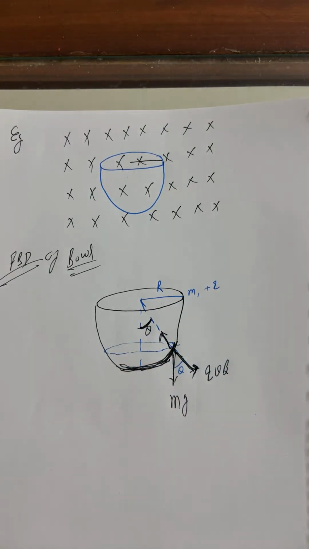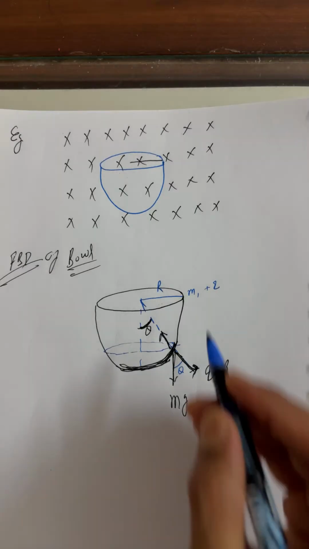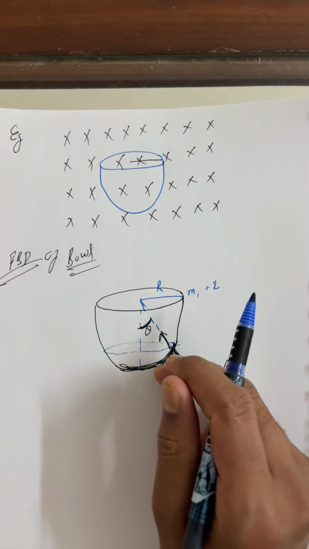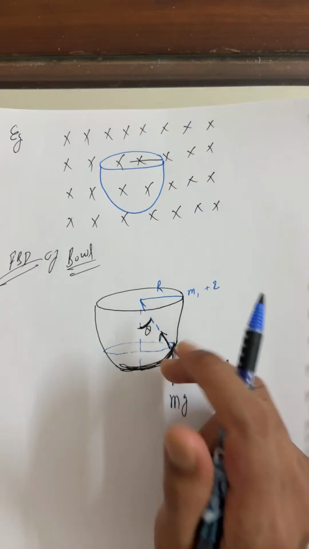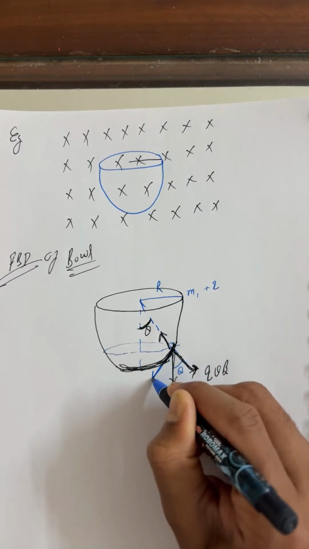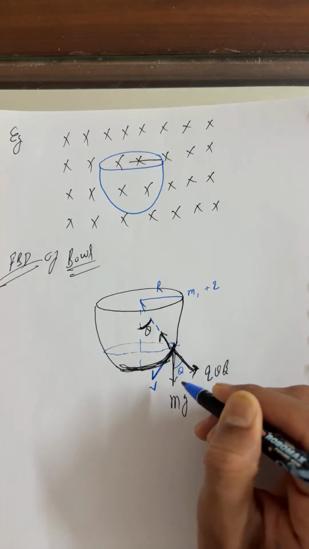So we also have to write here mv square by r. Finally, the particle has maximum potential energy, and now we convert it into kinetic energy, because once the particle arrives over here, it gains velocity.